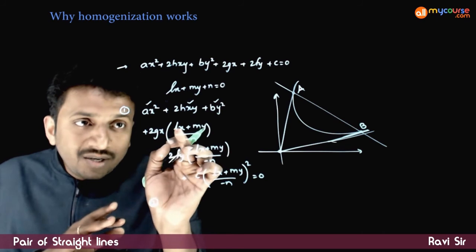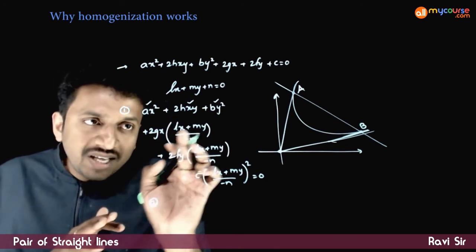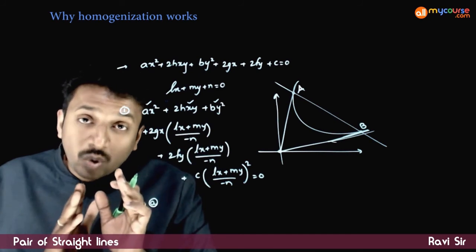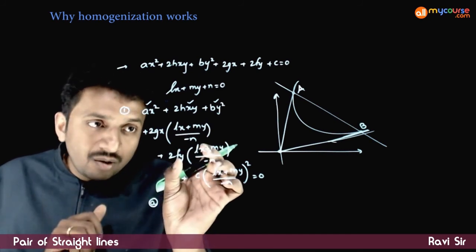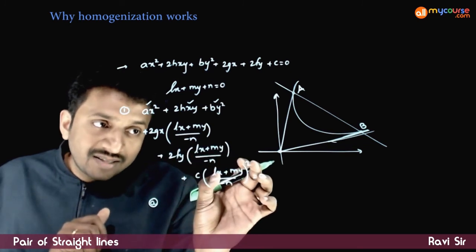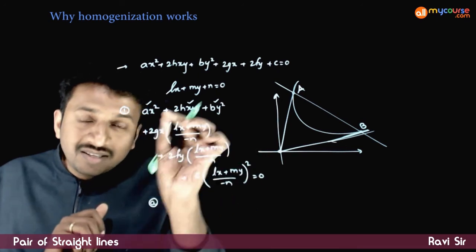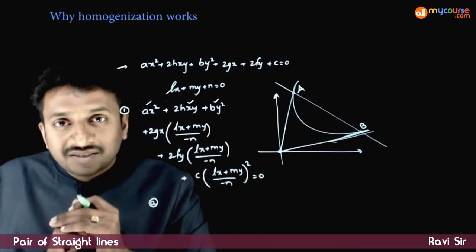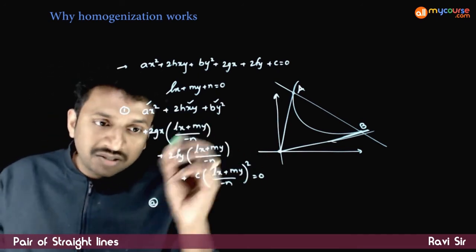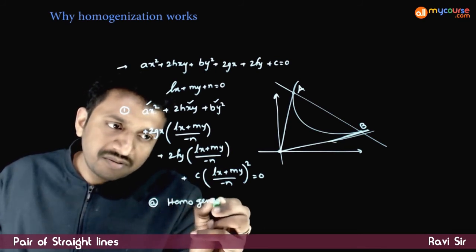So 2gx into lx, x square term, quadratic. 2gx into my, xy term, quadratic. 2fy into lx is quadratic, y square is quadratic. X square, y square and xy. So all the terms in this equation are quadratics. So this equation is a homogeneous equation.